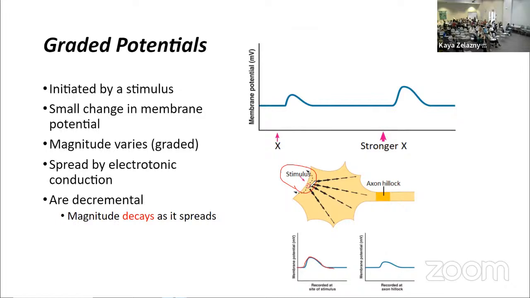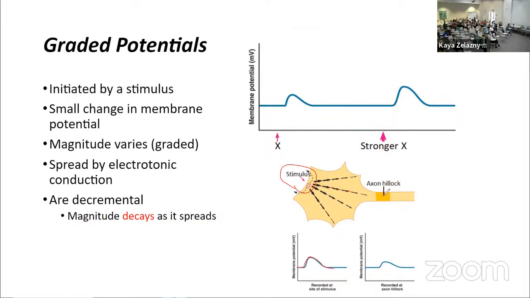But in order to have an effect on the rest of the cell, you can think basically about these charges diffusing across the cell, spreading out. So that stimulus and that graded potential are going to affect some other parts of the cell, but they get weaker and weaker as they get farther away.